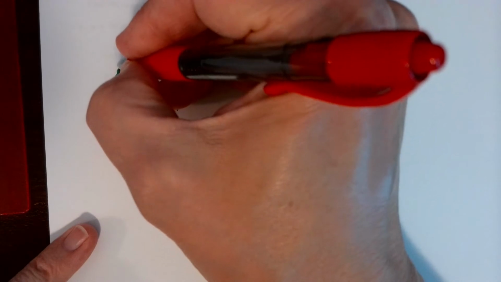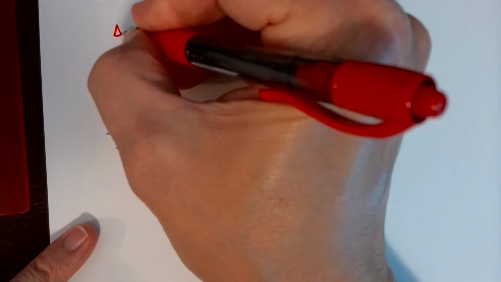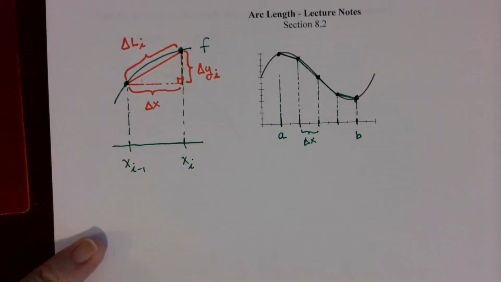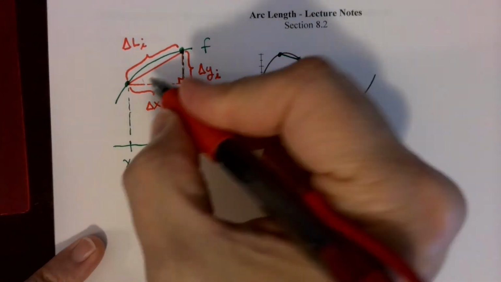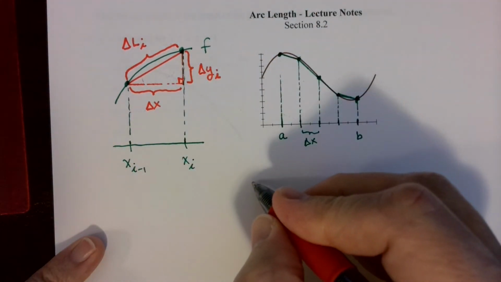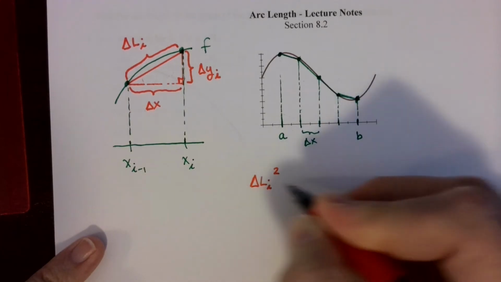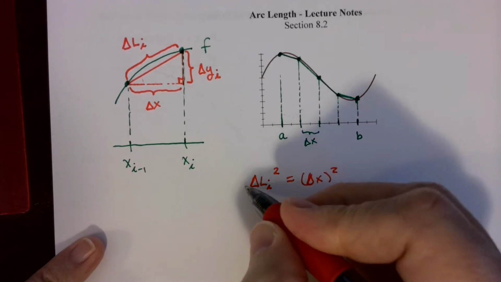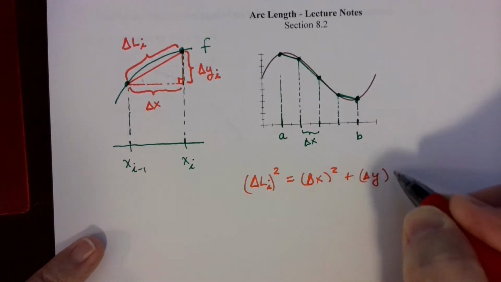And so then I'll call this delta L sub i, the length of that segment. By the Pythagorean theorem, we have a right triangle. The sum of the squares of the two legs equals the square of the hypotenuse, which is the length that we're looking for, plus delta y squared.